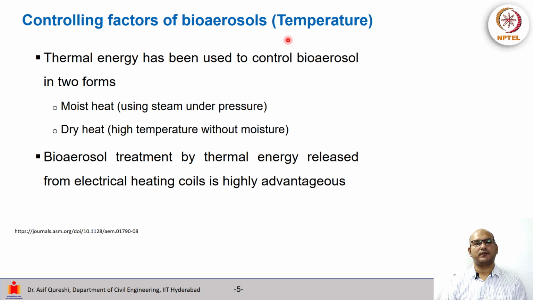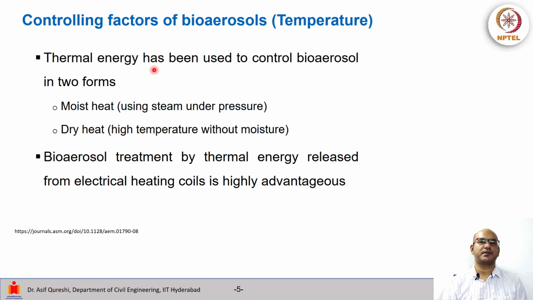Now the other factor is the temperature. All the bacteria or the microbes have an optimum temperature for growth, which means if the typical indoor temperature is somewhere around 30 or plus or minus, those are optimum or near optimum conditions for growth.